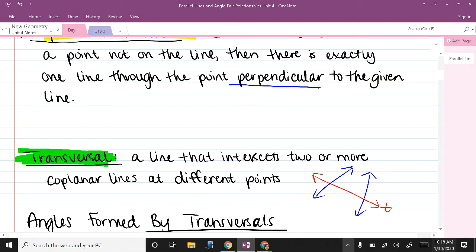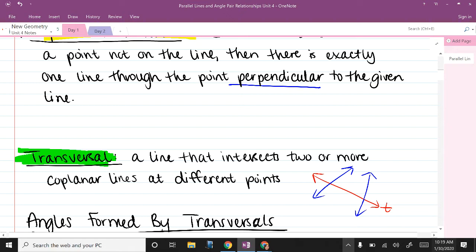All right, a transversal is just a line. Okay? A transversal is a line that cuts through two lines. So if I have two lines, they don't have to be parallel to each other. So you see the two blue lines on the screen. Okay? Those are just two lines. Well, that red line cuts through both of those lines.